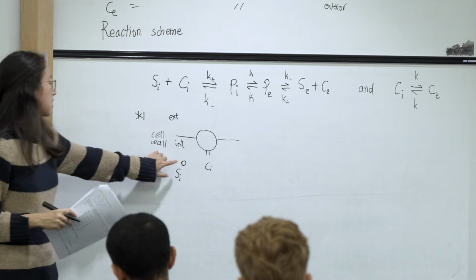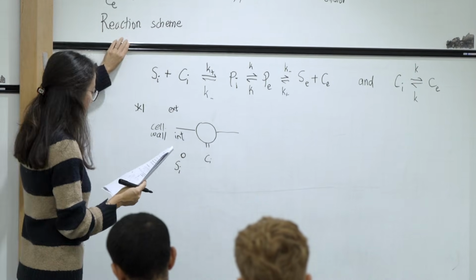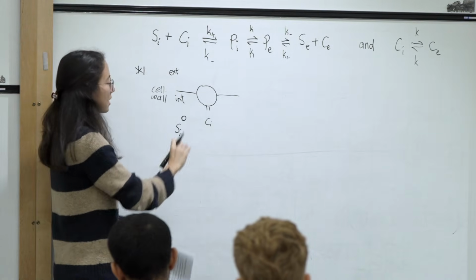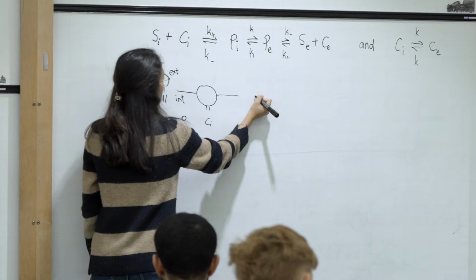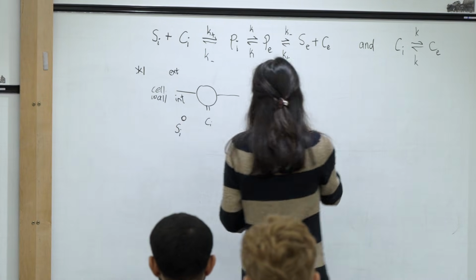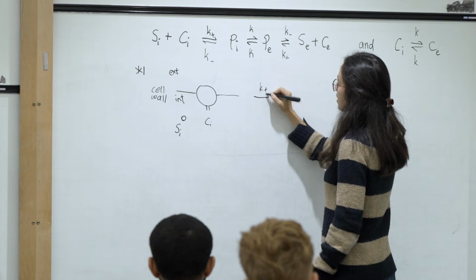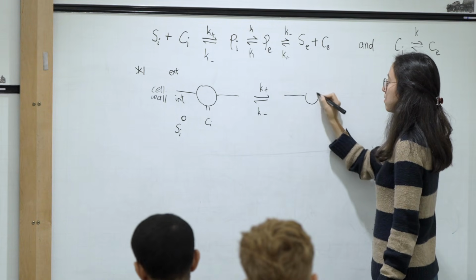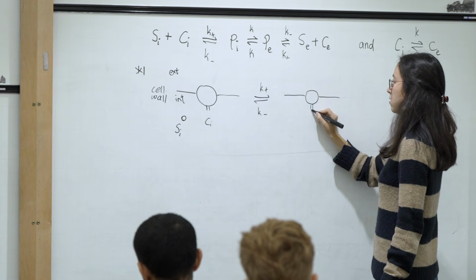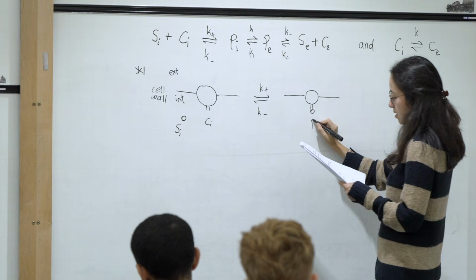Okay, so this can now bind on that, and it can give me a product in the interior, which is the P1 that we wrote here, right? So this reaction basically can now give, with a rate of K plus, the following. And this is Pi.